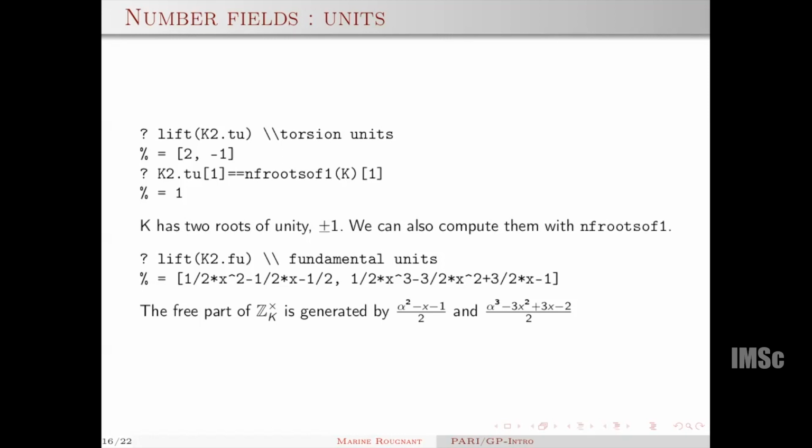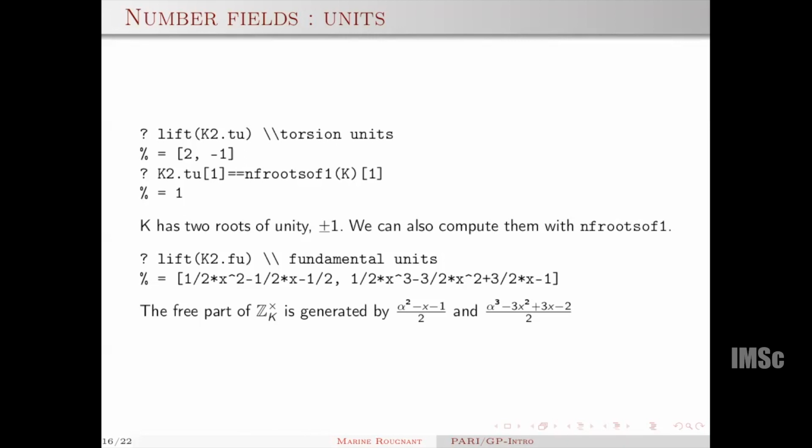So here, again, you get some polynomials that you may understand as polynomials in alpha, if your number field is Q of alpha. Here, the 3 parts of the unit group, the 3 parts of that, is generated by half of alpha squared minus half of alpha minus 1/2, this.